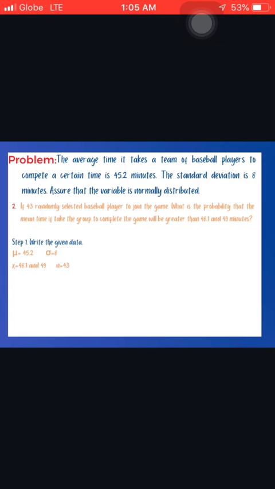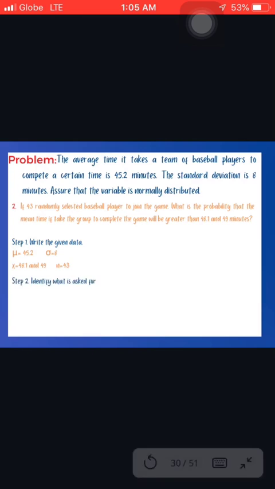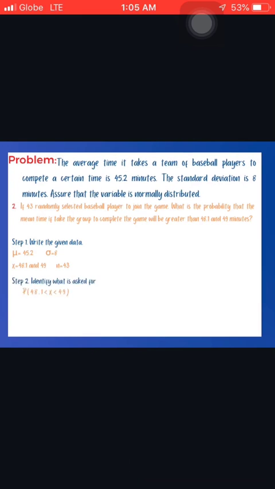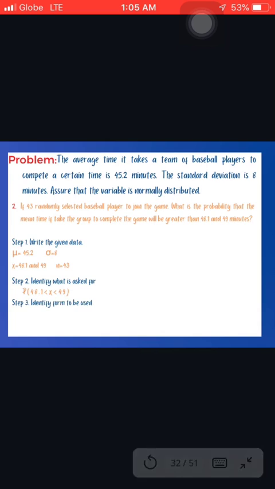Again, saan nga po ulit nakukuha ang 43? Ang 43 natin ay nasa randomly selected, 43 randomly selected, given na po yan. So step 2, identify what is asked for. So x greater than 48.1 less than 49.